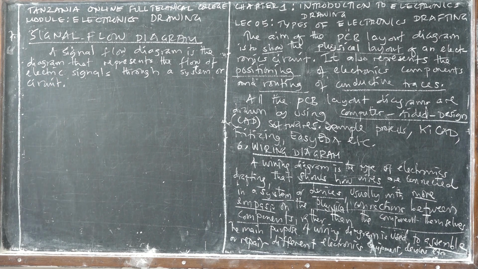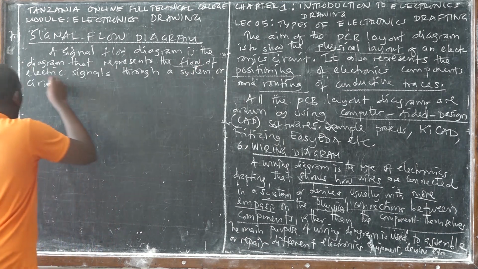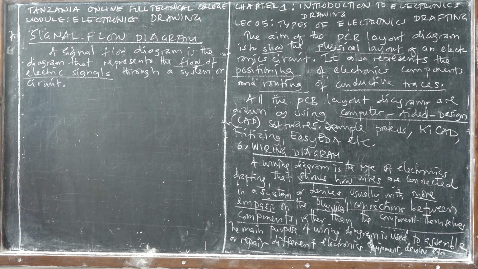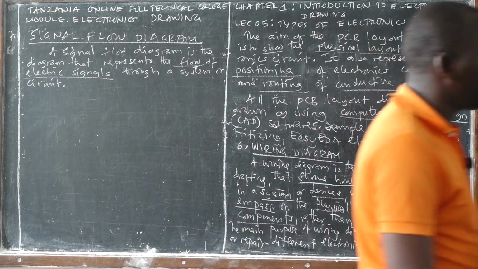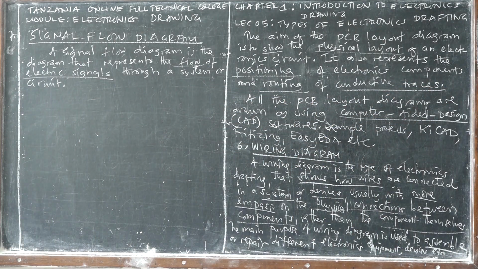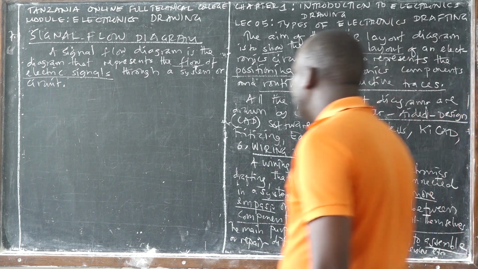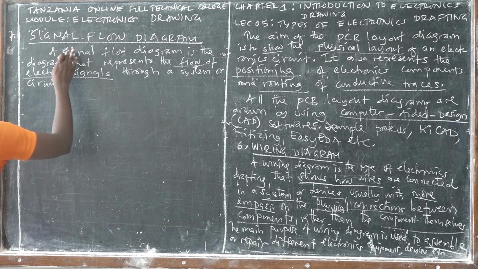This shows the flow of electric signal through the system or the circuit. In those electronic systems, we expect the flow of electric current from one point to another point. You may be asked to draw the signal flow diagram, how the signal will be flowing. The main focus for this diagram is that it shows the signal flow.